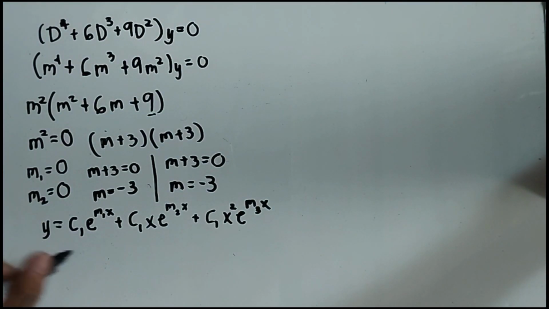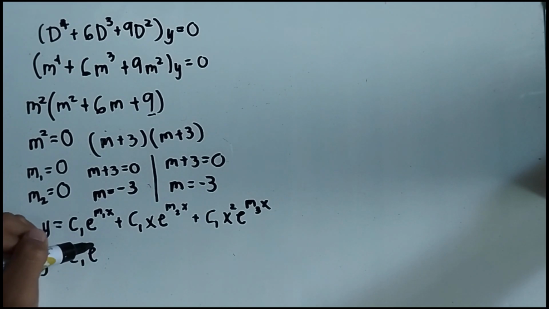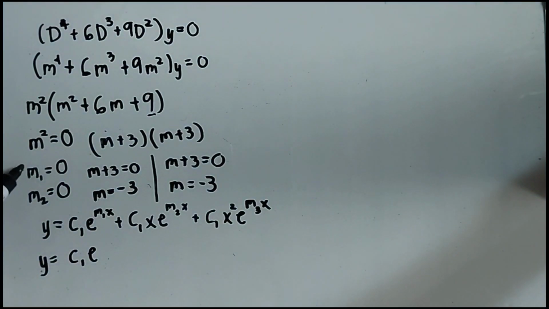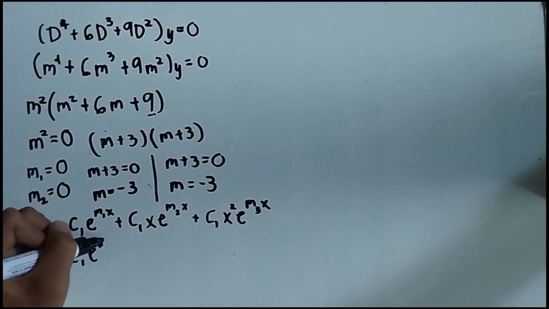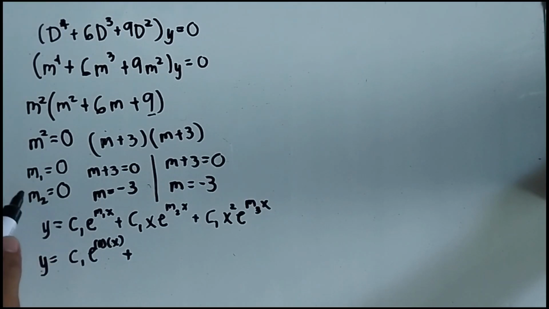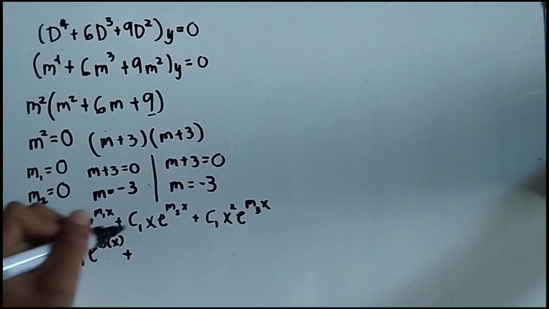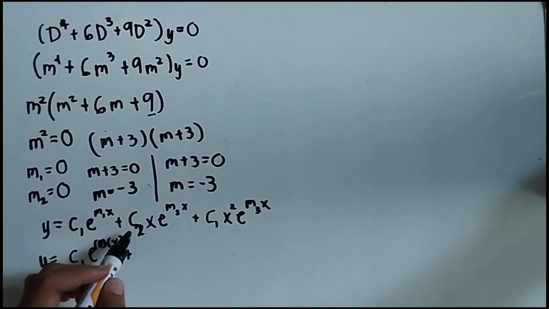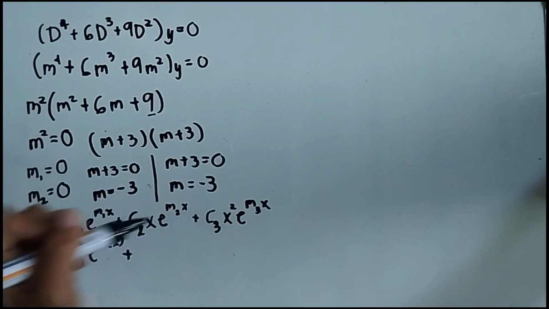So for this equation, our answer would be y is equal to c sub 1 e to the power of m sub 1. Our m sub 1 here is 0, so this would be 0 times x, plus, then we have repeated roots here. As you can observe, they are both the same roots. My mistake, this would be c sub 2 and then c sub 3.